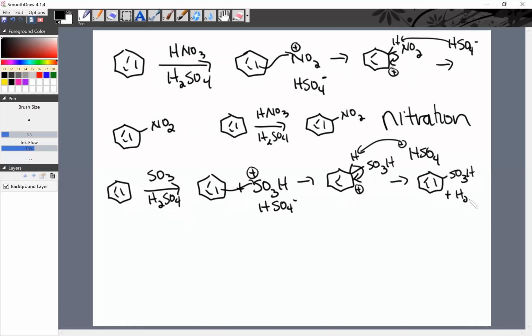And it regenerates the acid. And that is sulfonation. Now, one note about the sulfonation, that is very, very, very sensitive to temperatures and to acids and bases. So you can actually make that reverse or do things that you're not expecting if you have a highly aqueous solution or aqueous solutions in heat. Okay, so just beware on the sulfonation.